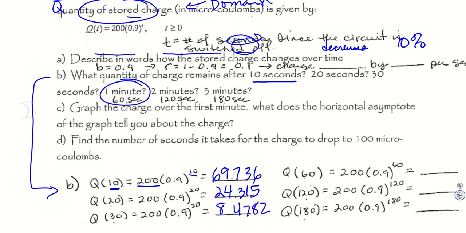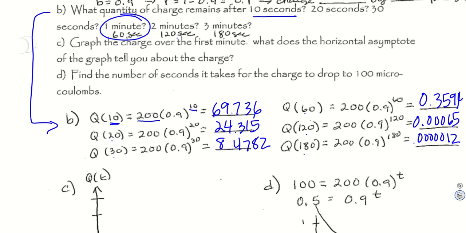After a full 60 seconds, that charge is down to 0.3594. After 2 minutes, down to 0.00065. And then after 3 minutes, 0.00000112. So you can see those values for the quantity decreasing.